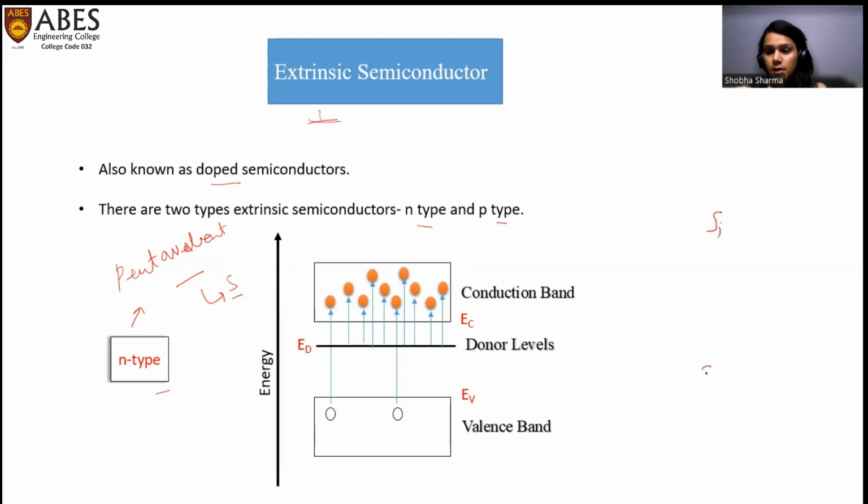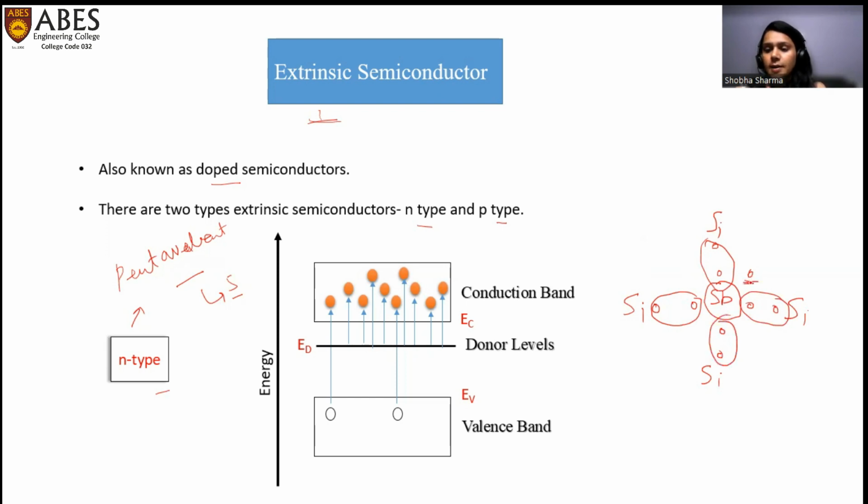For example, there are 4 neighboring silicon atoms, and we are adding a pentavalent impurity, let's say antimony, which has 5 electrons in its outermost orbit, out of which 4 electrons are making covalent bond with the neighboring silicon atoms, and one is a very loosely bound electron.